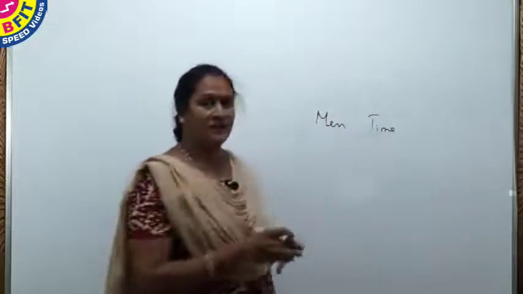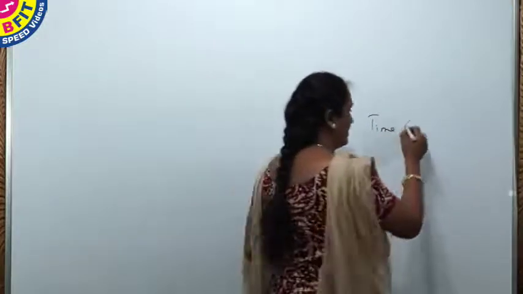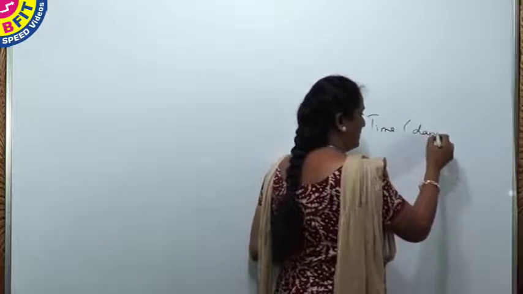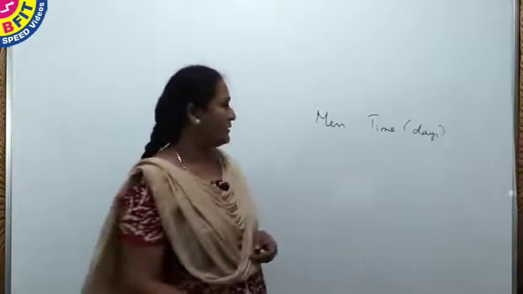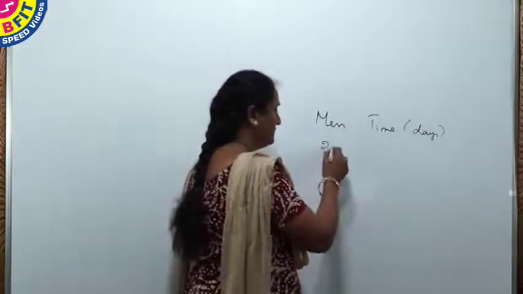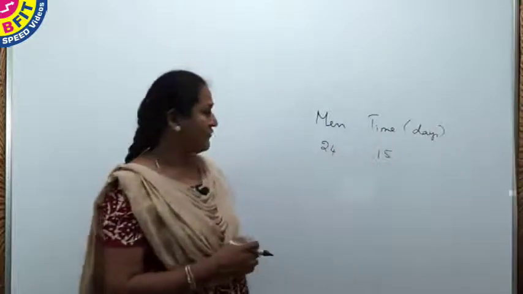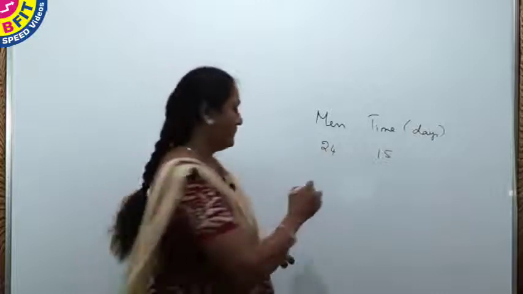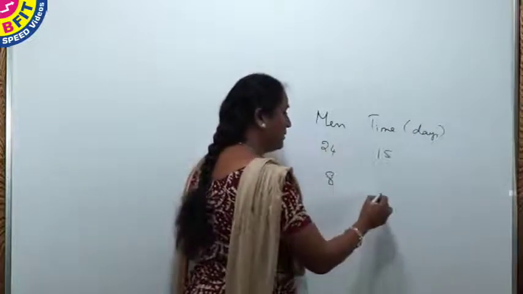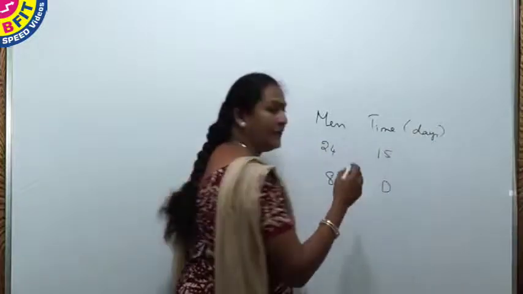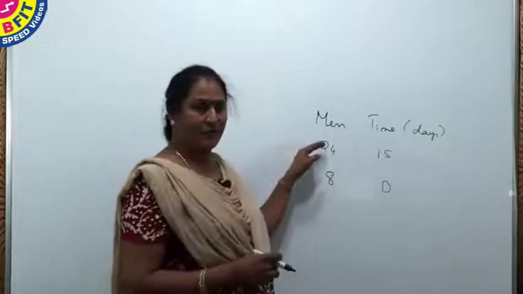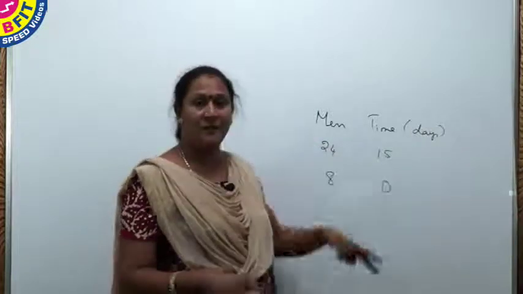Time is given in number of days. 24 men can do a work in 15 days. You are asked to find, to do the same work, if 8 men are there, how many days will be needed? When the number of men decreases, time taken will be more.